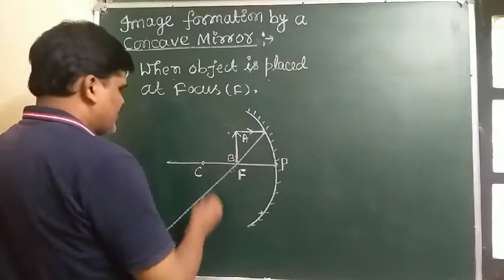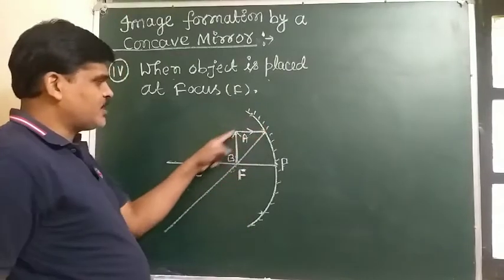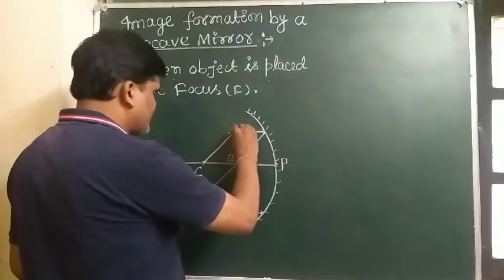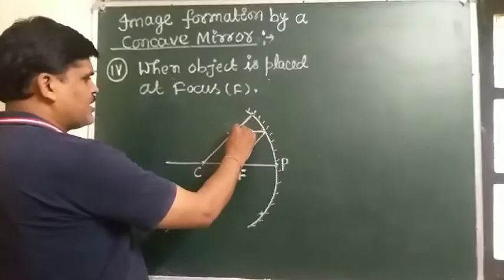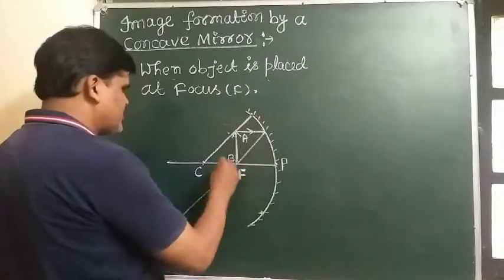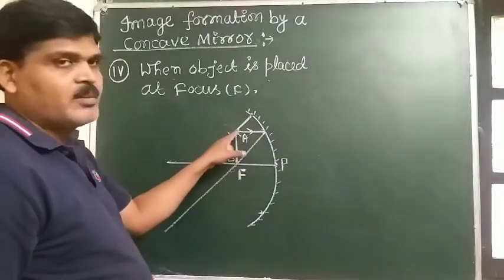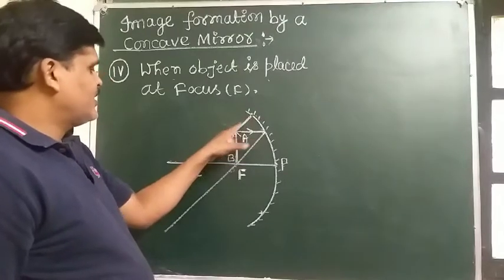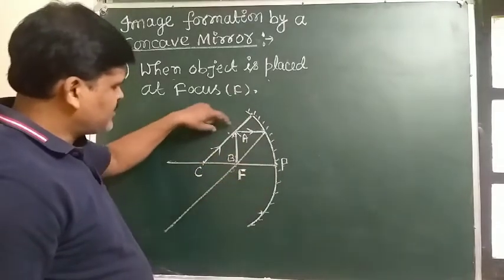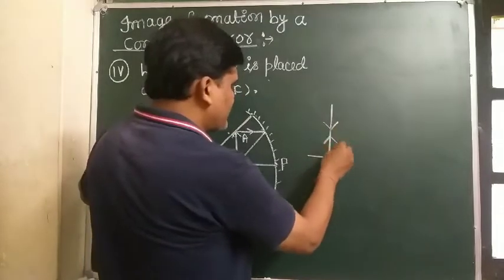And if we join C to any point on the spherical mirror, that is the normal. If a ray coming from the center of curvature strikes the concave mirror along the normal, it is reflected back along the same path.